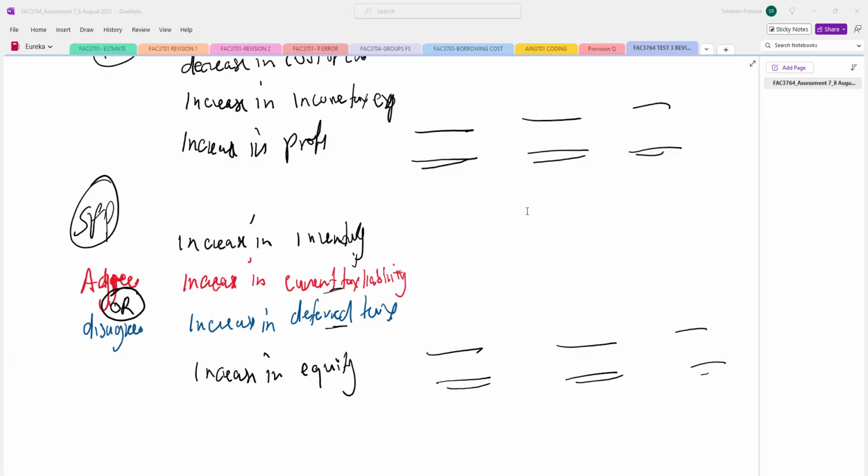So the cost of sales is now becoming less because the adjustment is an upward adjustment. They move in opposite directions. If inventory goes up, cost of sales goes down. If inventory goes down, cost of sales goes up. I hope this is clear.